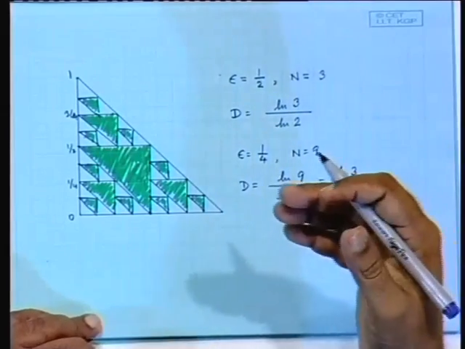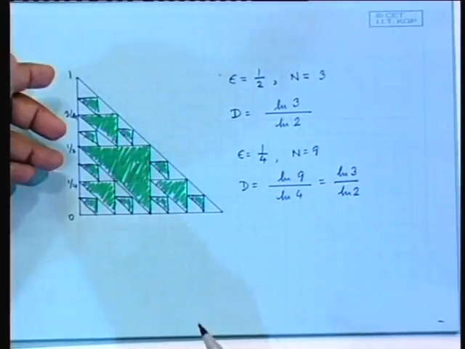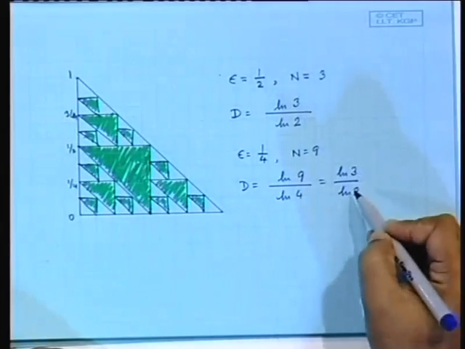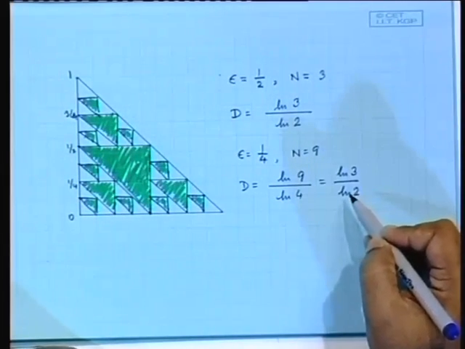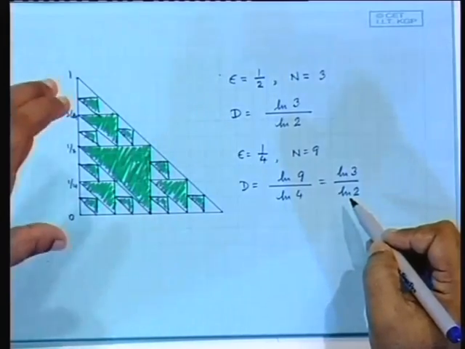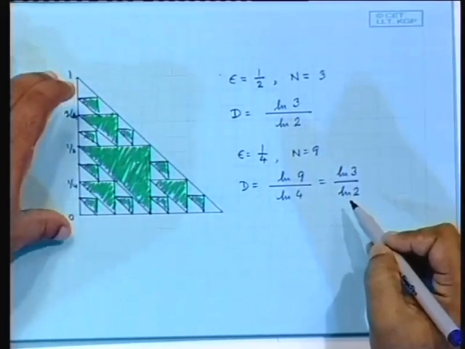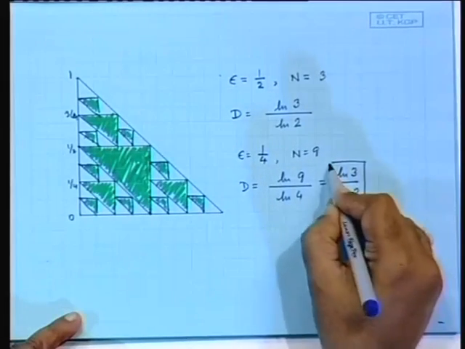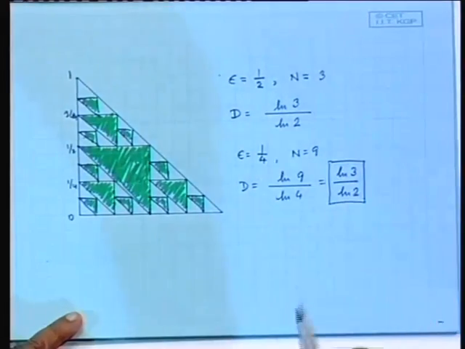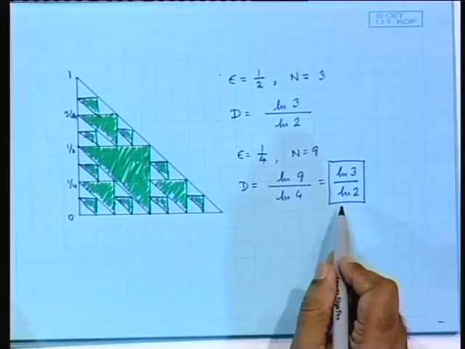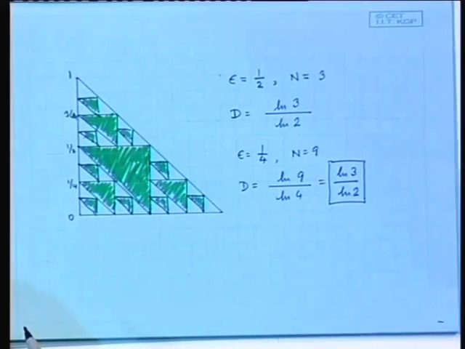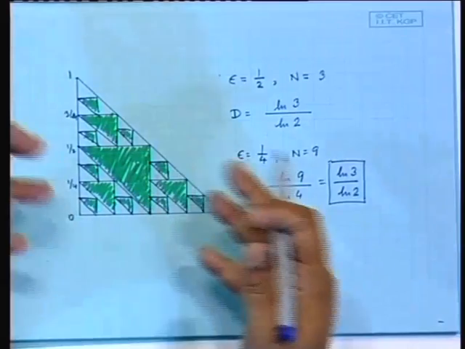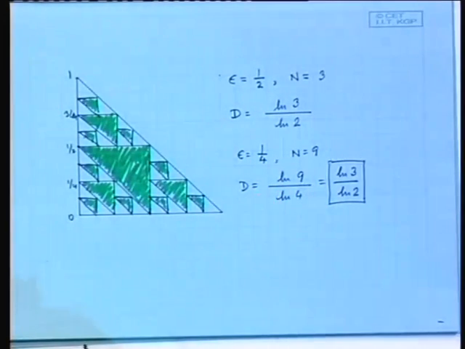So, you see, even though we are subdividing the embedding space, making epsilon smaller, we are getting the same value of the dimension, which means by the same logic, if we go on doing this iterative procedure ad infinitum, we still end up with the same value, which is ln 3 by ln 2. Notice that this is a number again between 1 and 2. So, in the underlying two dimensional space we have created an object which is a fractal.